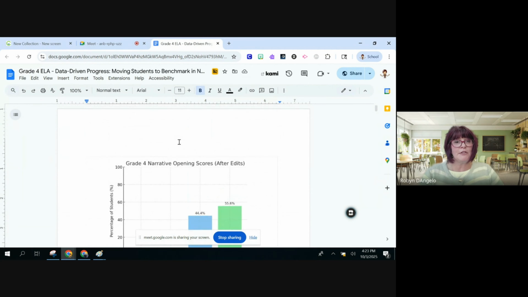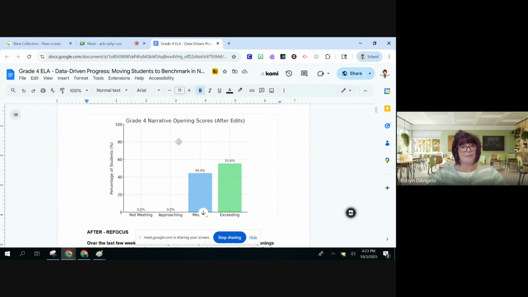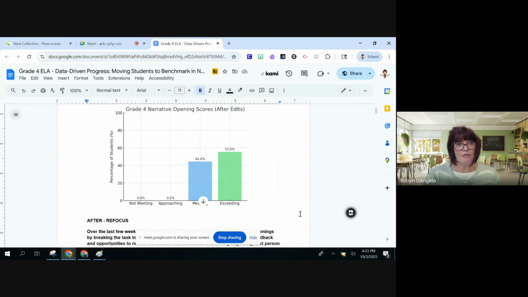Here's my data for today. Wow. Okay, let's take a look at that. Now, this is only run through and compared to the 4th grade narrative. Okay, so this is just their opening paragraph? Just their opening paragraph.